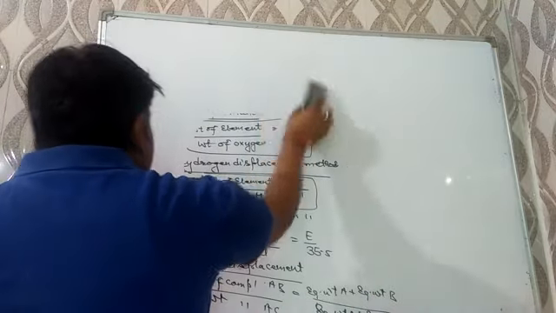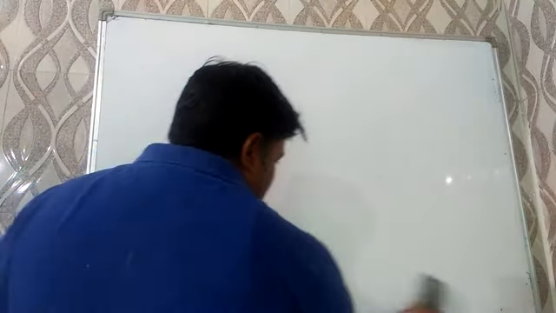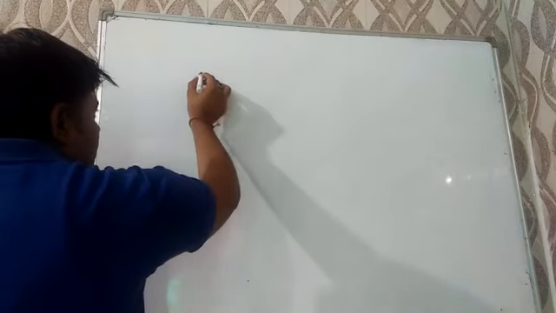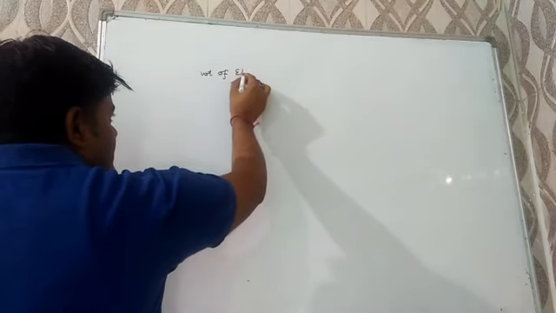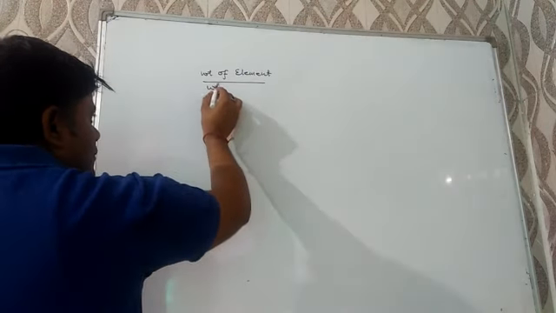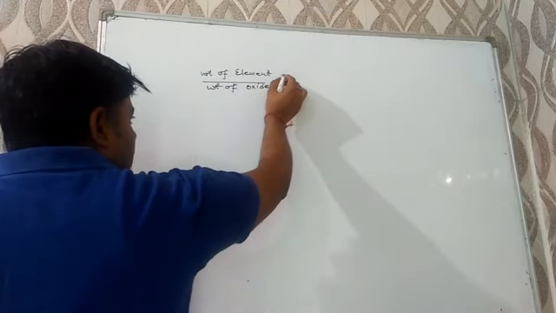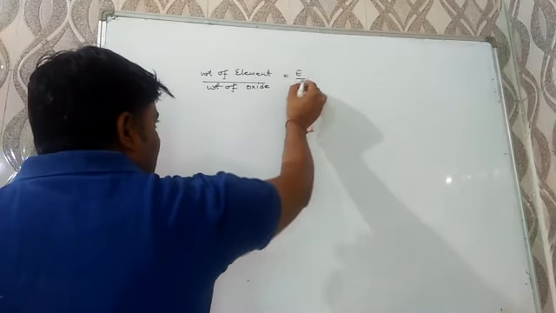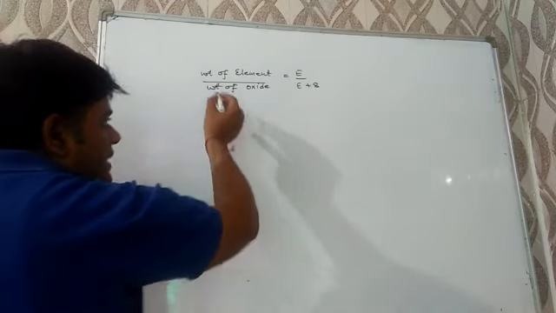The first one, the easiest one: if 1.6 gram of a metal forms 2 gram of metal oxide, then what is the equivalent weight of this metal? We can use the formula weight of element over weight of oxide, that is equal to equivalent weight of element over equivalent weight of element plus 8, as oxygen has equivalent weight 8.